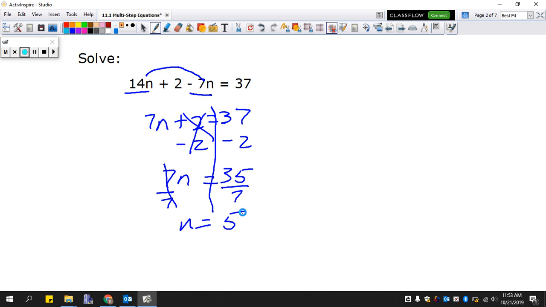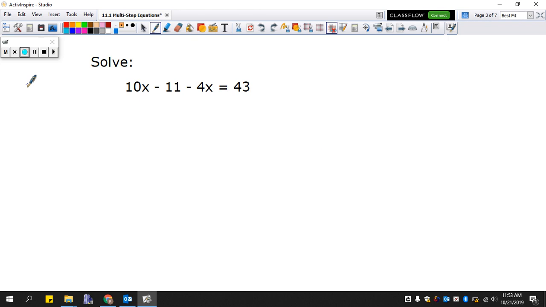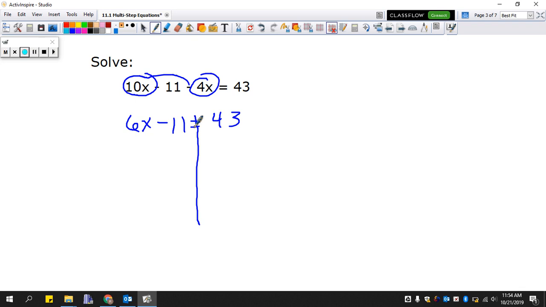The next equation is 10x minus 11 minus 4x. Once again, we have like terms, 10x and the 4x. Because we're subtracting, 10x minus 4x is 6x minus 11 is equal to 43. Split the equation in half.